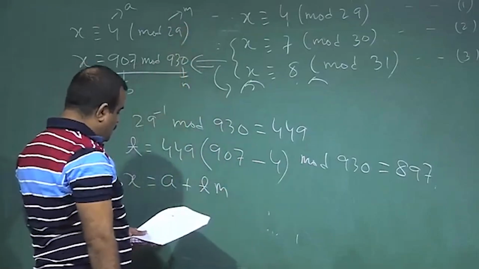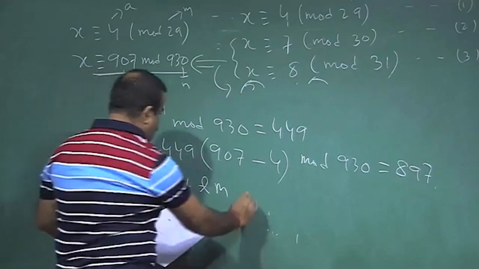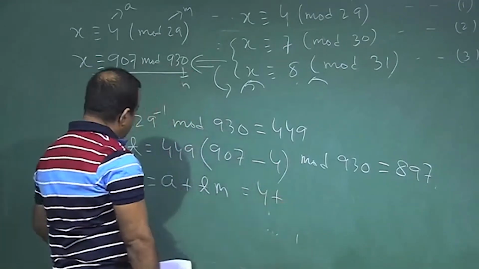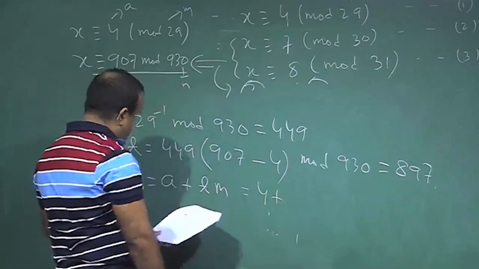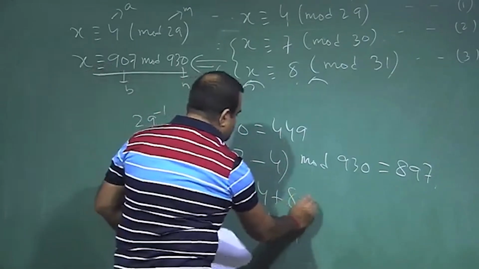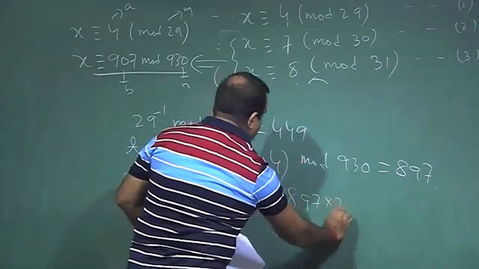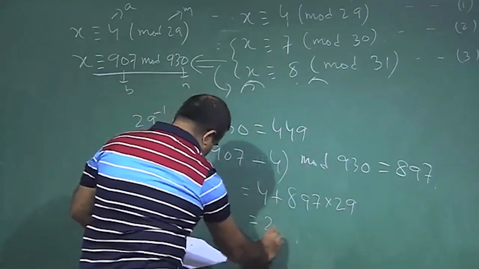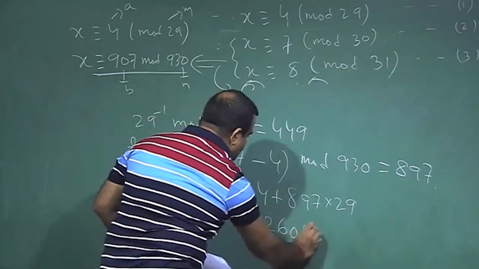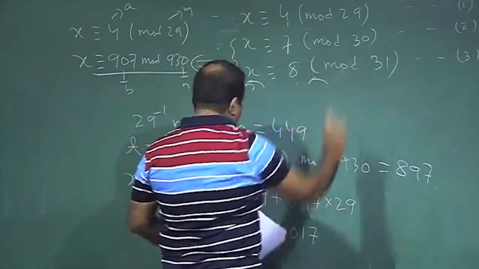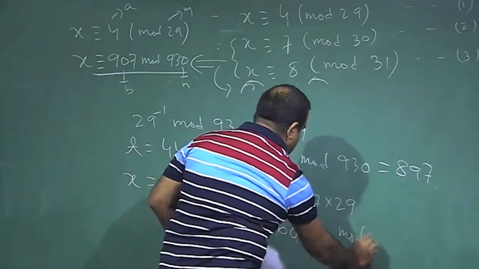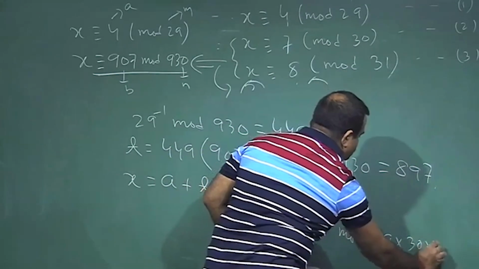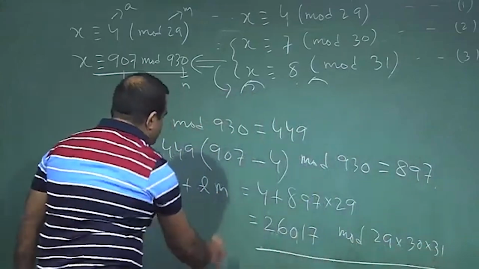So it will be 4 plus, a is 4, now t we got this and m is this, 897 into 29. If we calculate, this will give us 26017 mod this product. So this is the unique solution. We are getting 29 into 30 into 31. So this is our x.